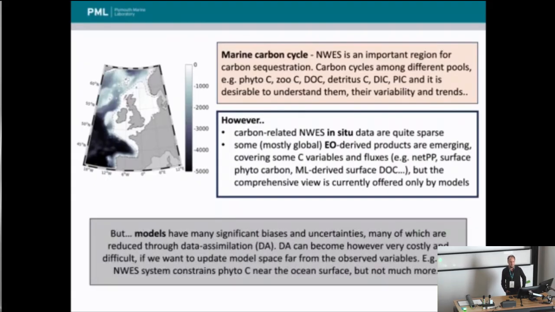Possibly the best product that gives you an overview is a multi-decadal reanalysis, where we are assimilating the observations into the model, constraining the model day by day by the observations, and it gives you some overview of these carbon pools. The issue is that due to the computational cost of biogeochemistry models, the methods that we are using are reasonably simple. The carbon gets updated through model dynamics, but it takes time, it's computationally expensive, and it's limited.